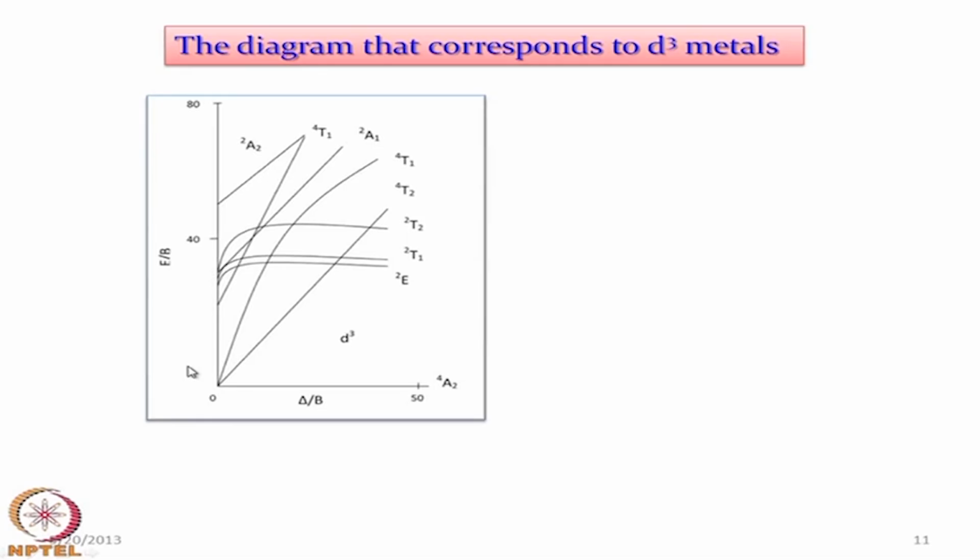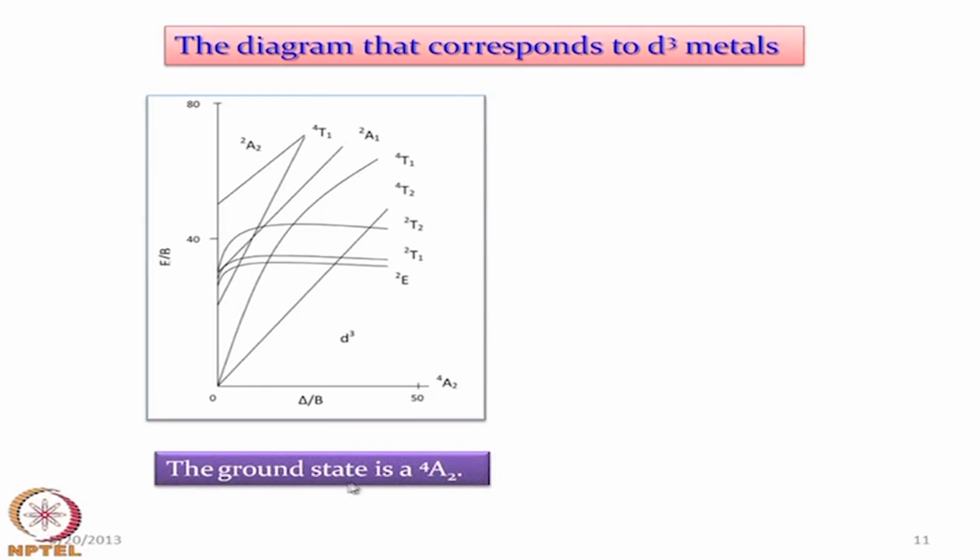So, here on the left hand side we have the free ion term, and this diagram is giving us a particular type of correlation diagram, and this correlation diagram is useful to find out the corresponding types of electronic transitions, what is involving what particular state from here to there.